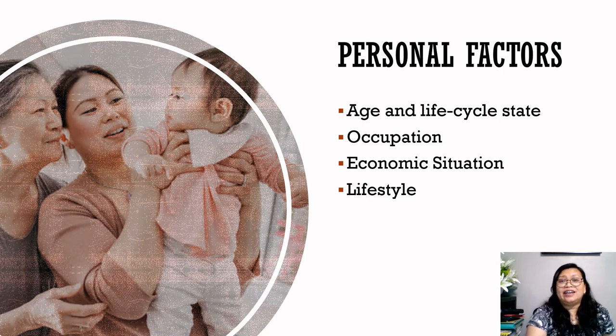And then the I stands for interests in food, fashion, family, recreation. And then we have O for opinions about themselves, social issues, business, products. Yeah. So lifestyle captures something more than the person's social class or personality. It profiles a person's whole pattern of acting and interacting in the world.